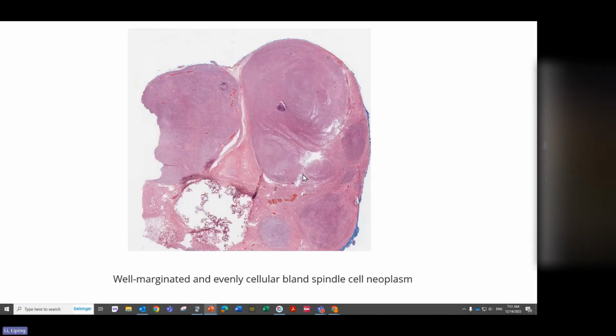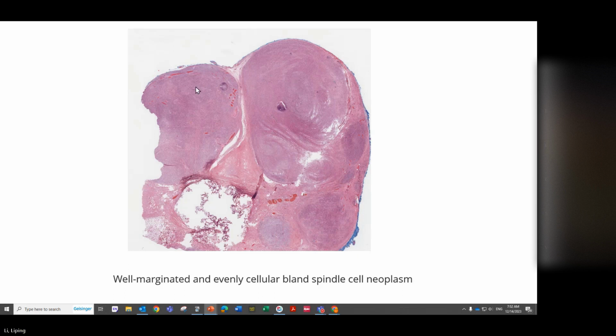So even at low power, it looks completely different from all the entities we already talked about today. They form this nodular, multilobular pattern, separated by fibrous hyalinized septae. Even in low power, we know there is not a lot of stroma here.